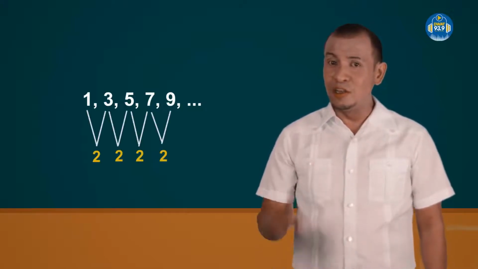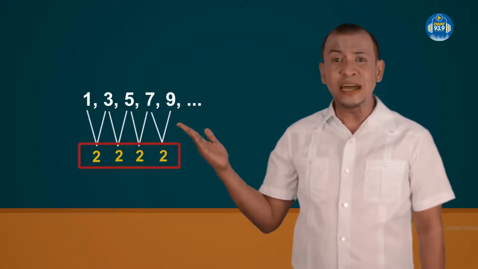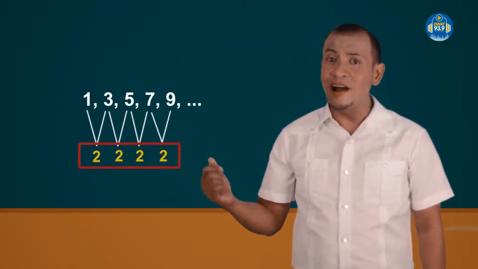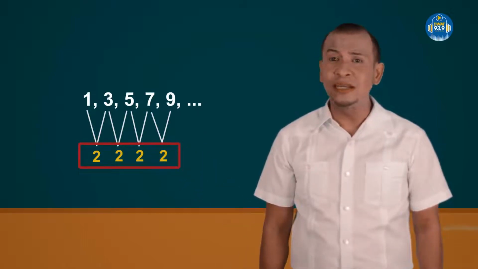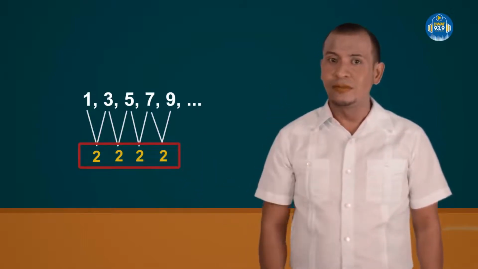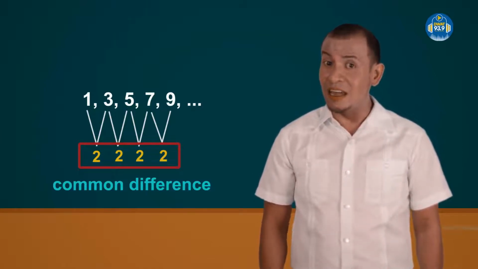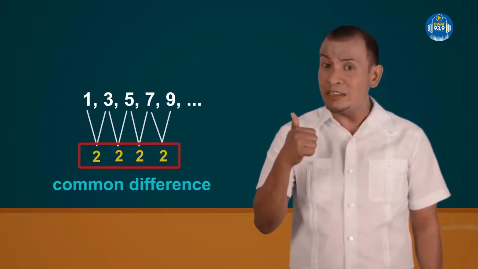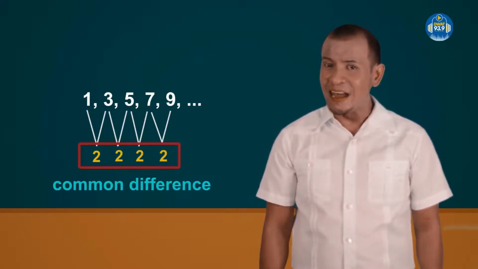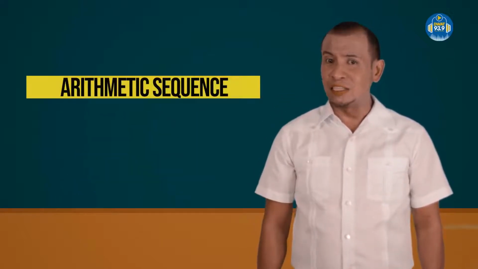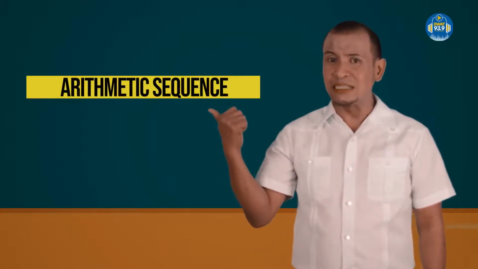So, you notice that the differences that we obtain are the same, which is always equal to 2. So there is a common difference, correct? And if the sequence has a common difference, then we say that that sequence is what we call an arithmetic sequence.